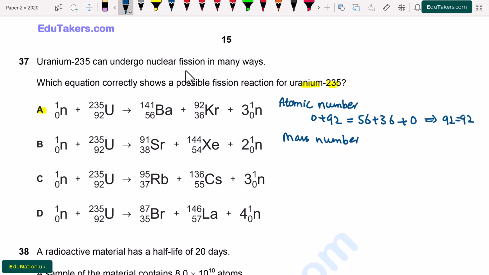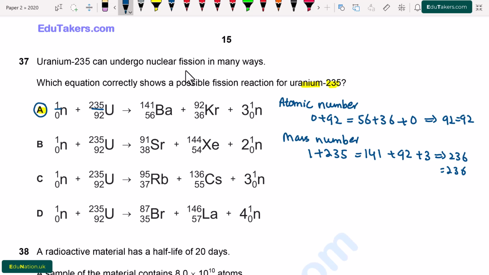The mass number is equal to 1 plus 235, which is equal to 141 plus 92 plus 3. It will be 236 is equal to 236. So here we can see that the atomic number and atomic mass on both sides of this arrow are the same, which means that option A is correct.